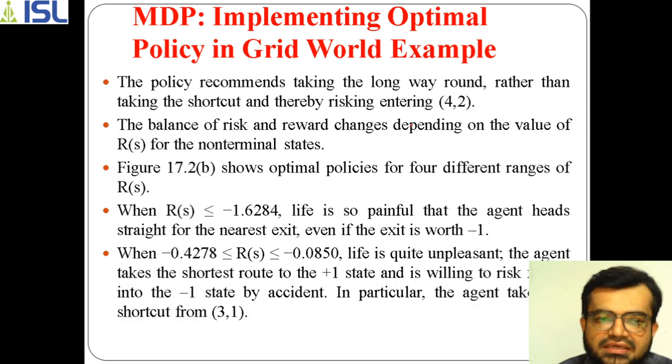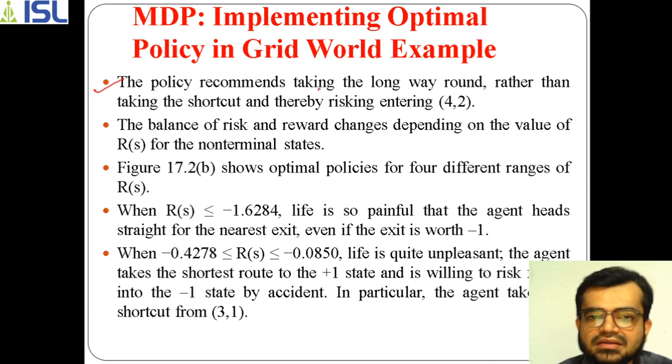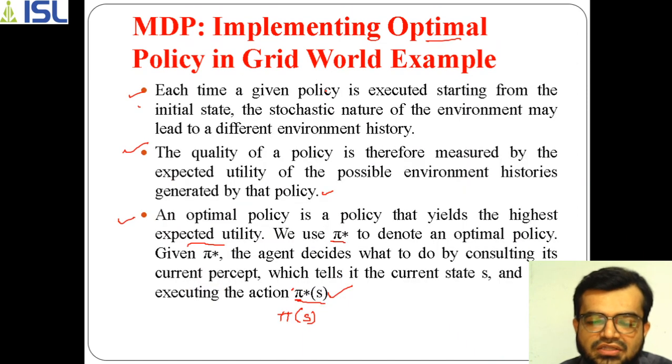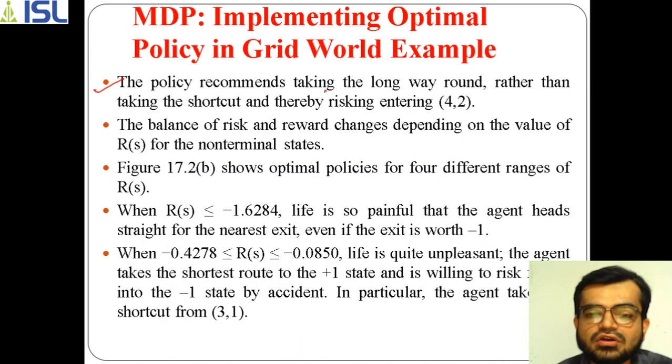So here the optimal policy recommends that it takes the long way round. Generally we choose the short way, but that is not always the case. It may choose the long way round rather than taking the shortcut, and it will take a risk by entering 4 by 2, that is this state.